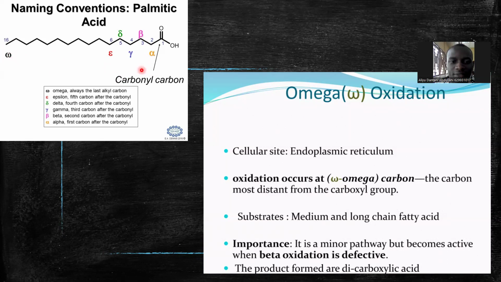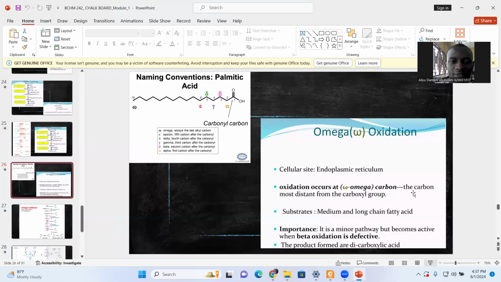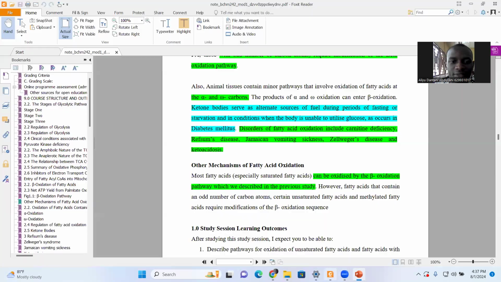Now, for normal saturated, even numbered fatty acid, beta oxidation occurs. For certain types of fatty acids, the body goes for alpha oxidation, while for certain types of fatty acid, the body goes for omega oxidation, which we are going to discuss, right? So I think it makes sense now.